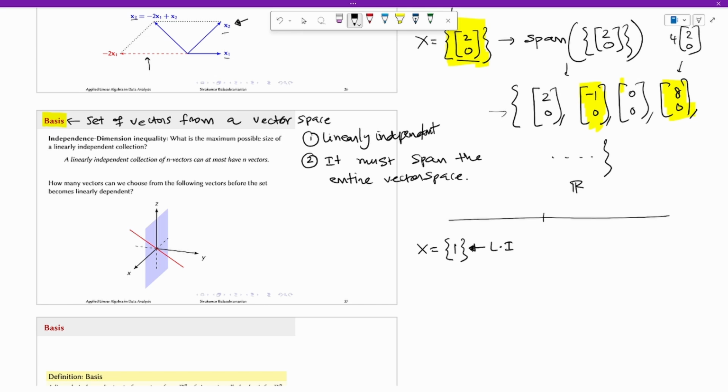That simply means, can I produce every possible real number using just this one element in this vector space? I can. I simply take that, multiply it by a real number, and I'll produce any real number I want. I mean, it spans R. Okay. Because it satisfies both of them, you can say X is a basis for R.